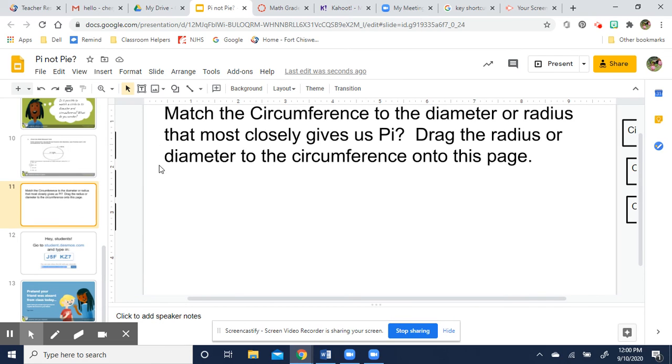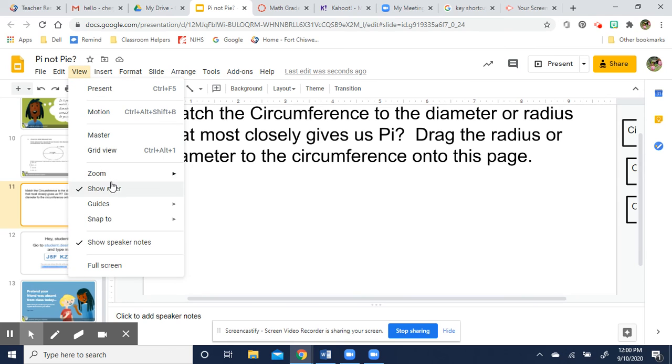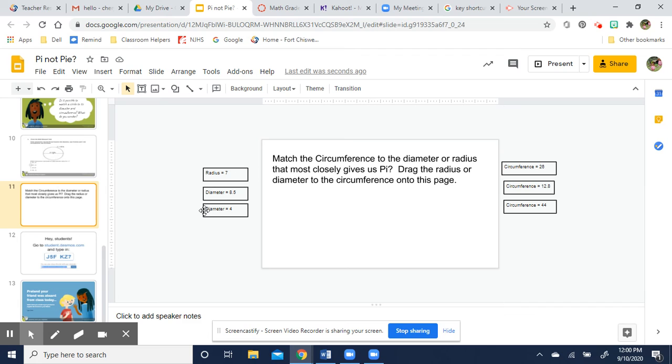Here, I'm going to take the view down where we can see it. You want to match the circumference to the diameter or radius that most closely gives us pi. So I'm taking my circumference and dividing it by the diameter to figure out what it matches.